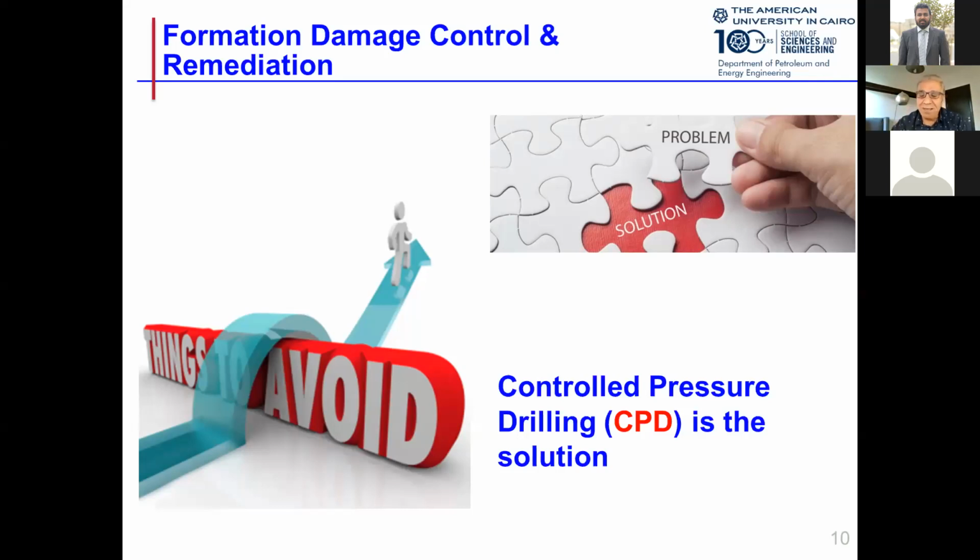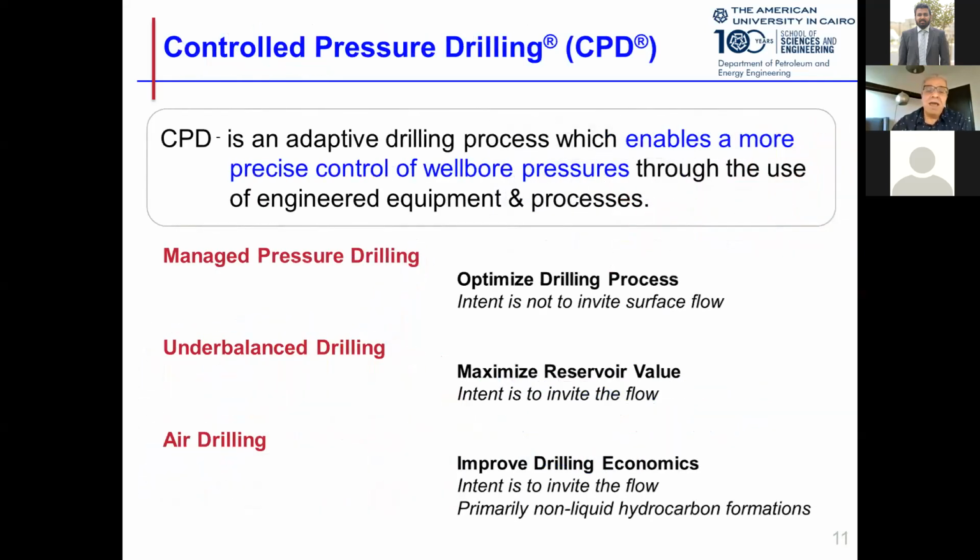This is always done by service companies. And the pioneer in this field used to be Weatherford, because they had a company called Precision Drilling, specialized mainly in drilling. And there are three types of drilling to manage the pressure. Because as you saw, the damage is caused by overbalance, because of the high hydrostatic pressure, along with other factors in the formation. So one way is using the so-called managed pressure drilling, where we optimize the drilling process itself.